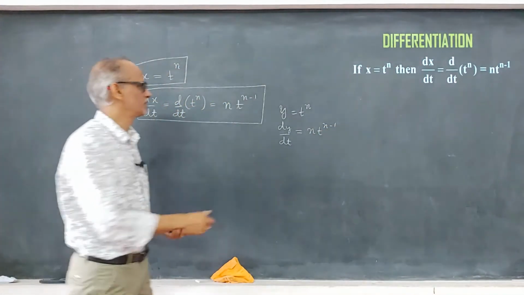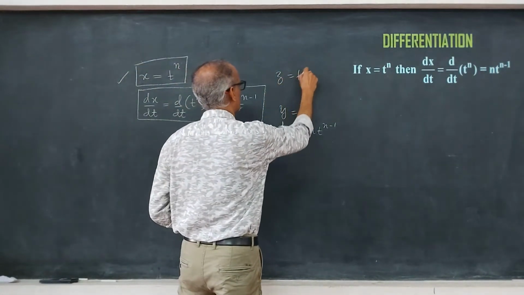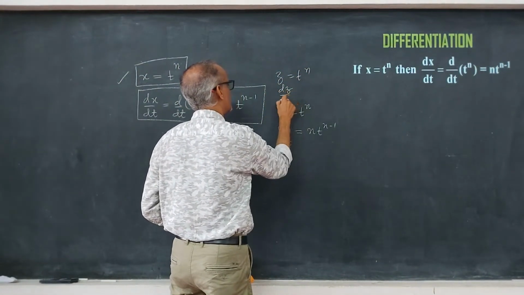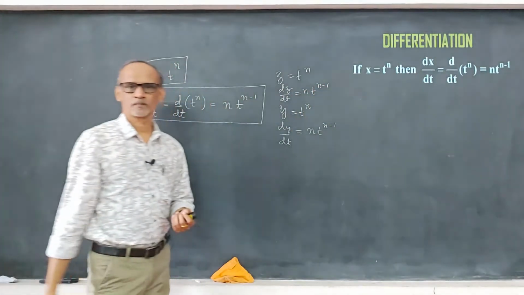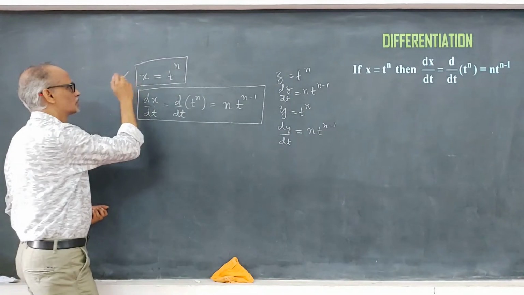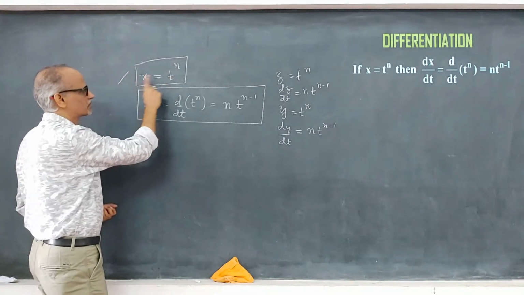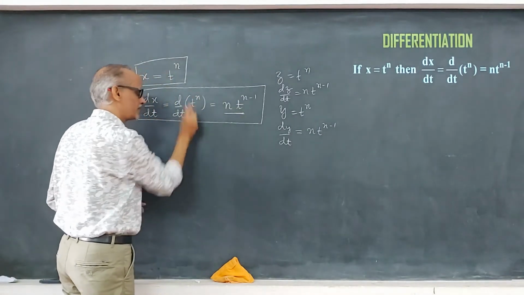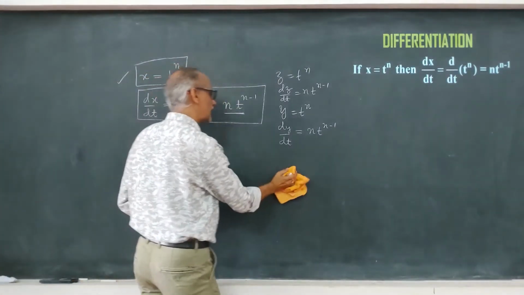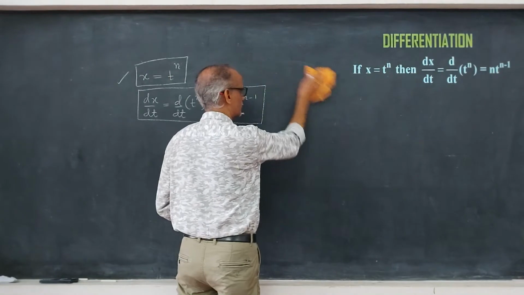Suppose if z is equal to t to the power n, then dz by dt is equal to n into t to the power n minus 1. So it has to be the same variable, understood? It cannot be anything else. It has to be t to the power n only. So this formula is valid only for t to the power n, not for any variable or any function. Are you clear?